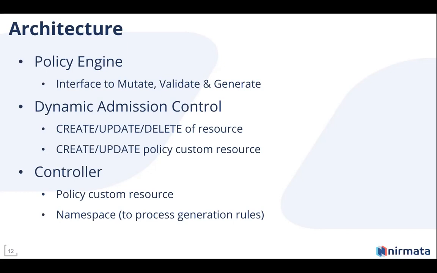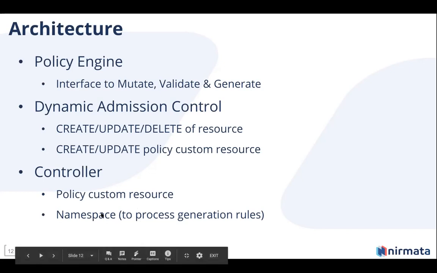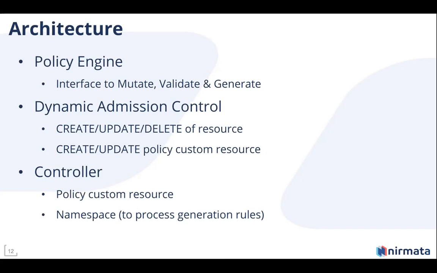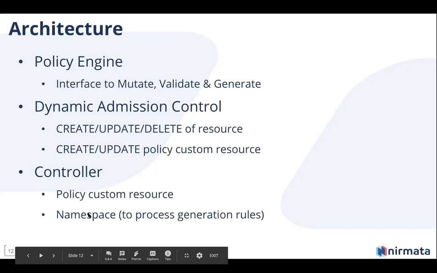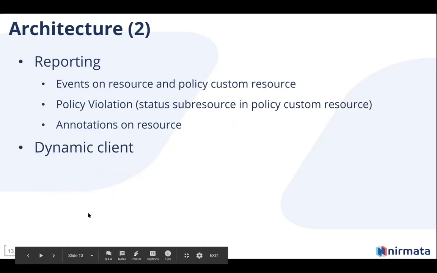If a policy is removed, we want to make sure that the annotations which the resource had are also cleaned up. Then we have the controller to look for the policy CR, and also the namespace, because the generation rules specify that a particular resource is supposed to be created after a namespace is generated. So that's where the namespace generator controller comes in.